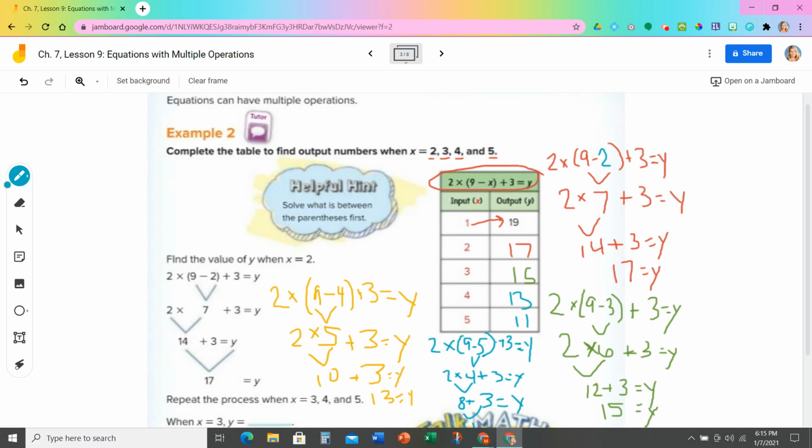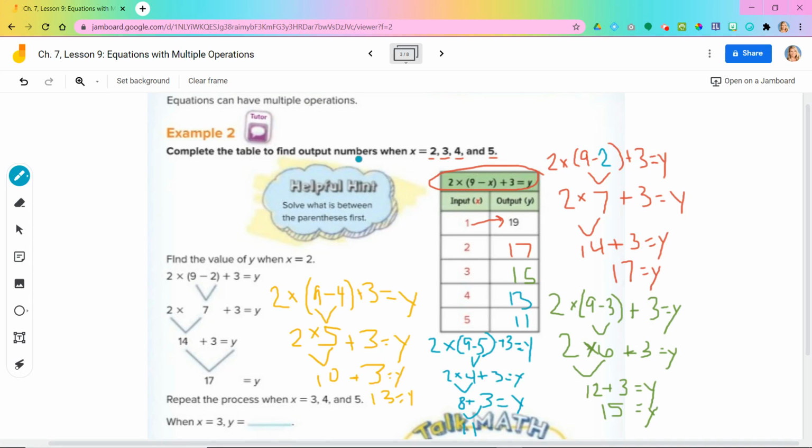So that worked out as well. So my pattern did work, and that's great, wonderful.